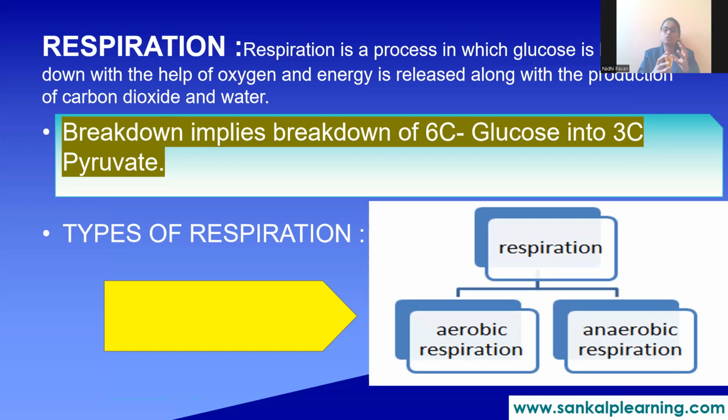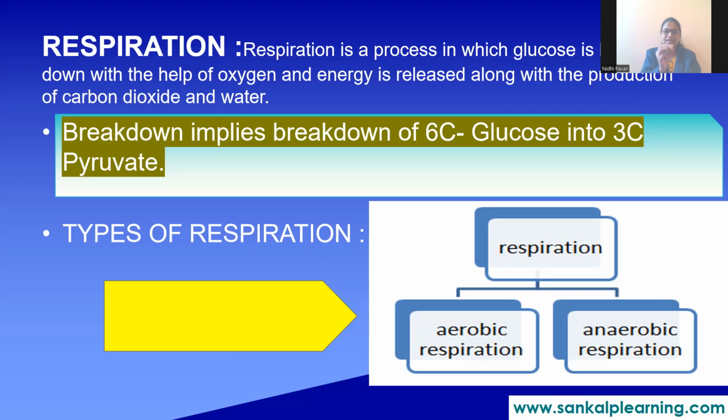Respiration is actually a complex process which involves the breakdown of a molecule. I told you that in digestion, the food substances are broken down into simpler molecules. Those simpler molecules have to be broken down again to release energy.